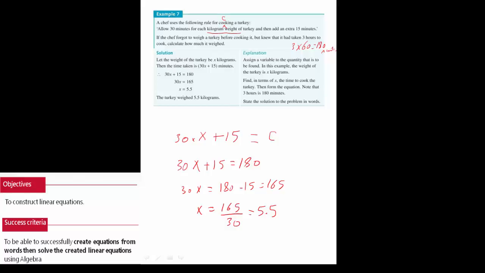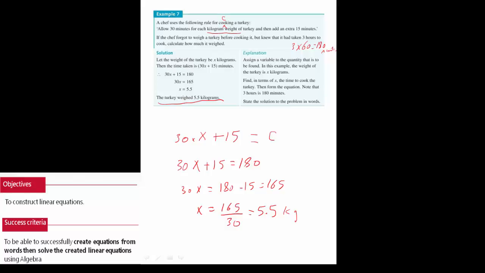Now, we also need to include the unit. So 5.5 kilograms. And then we state that the turkey weighed 5.5 kilograms. That's the final thing, to write it. The question is how much it weighed.